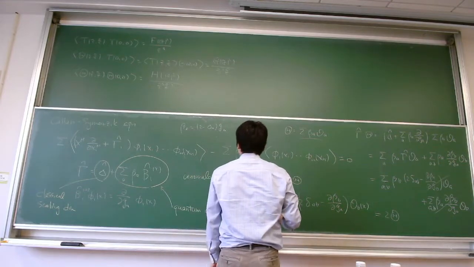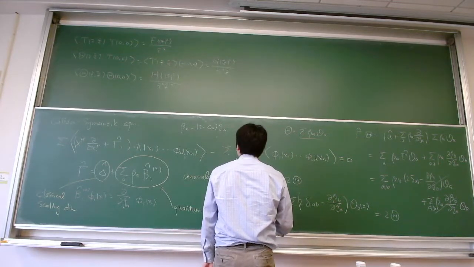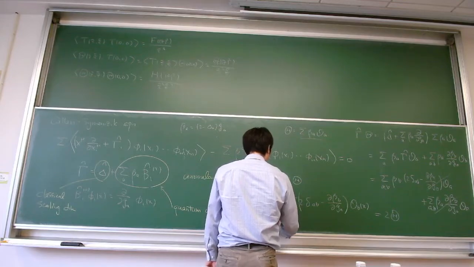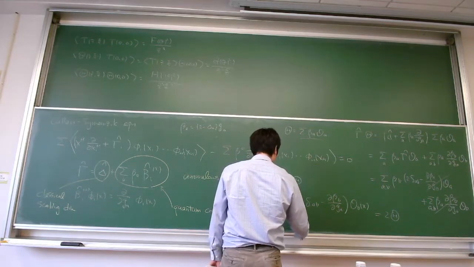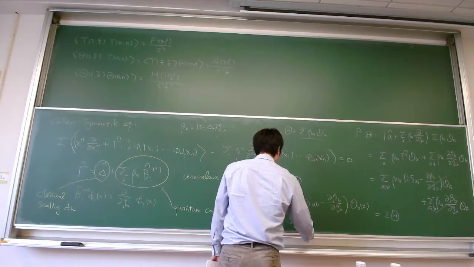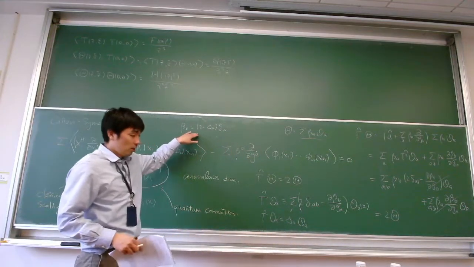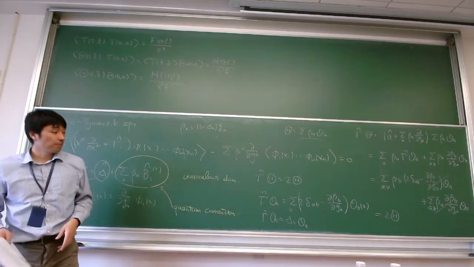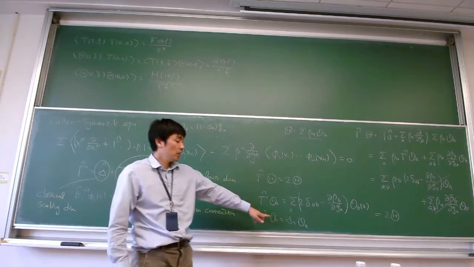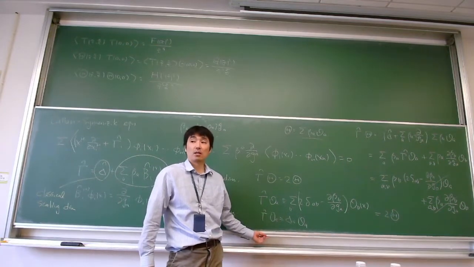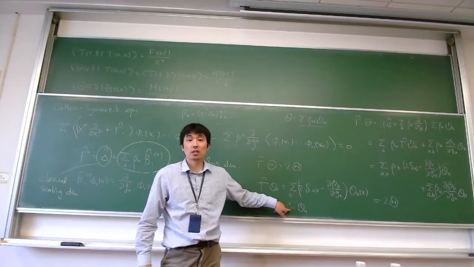You can see this is gamma hat acting on operator O A, and you just get the classical dimension. So this is the leading order, just obtained by classical scaling. You get delta A. This is the classical scaling dimension.